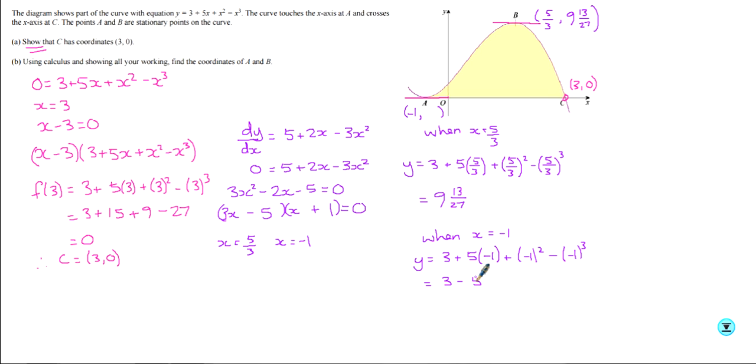So 3 minus 5. -1 squared is 1, so plus 1. -1 cubed is -1, but it's minus -1, so that's plus 1. So -2, -1, 0. Actually, why did I even do that? We're told that in the question. So that's (-1, 0). Okay, we're not asked to prove that it's maximum or minimum, so there it is, we're done.